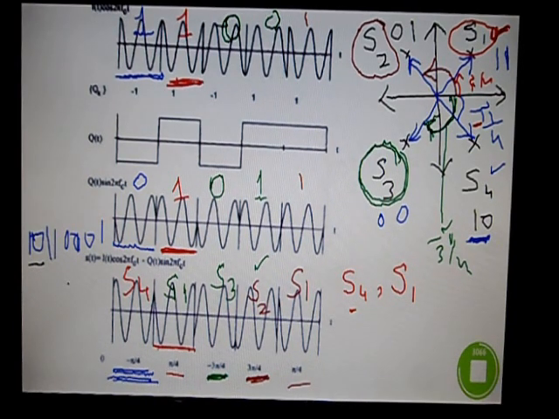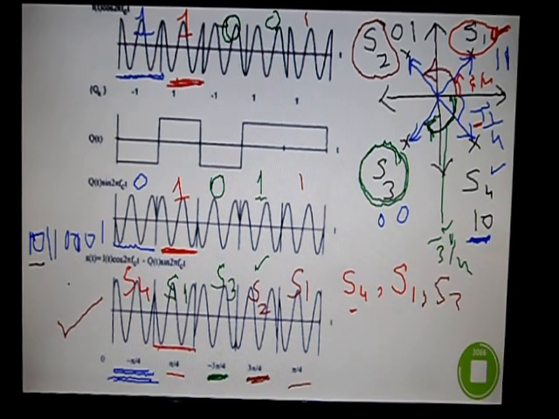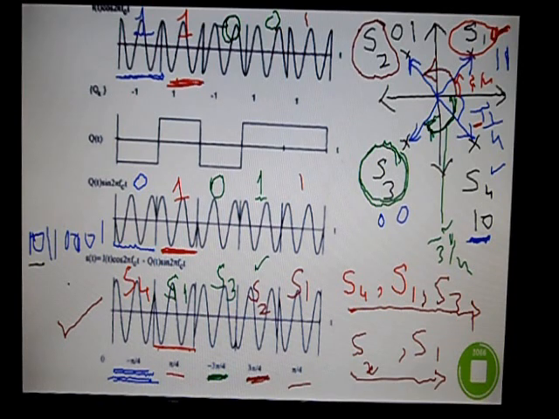So this is how this QPSK signal modulator would generate the signals. This is a QPSK modulated signal which is generated, and you are actually transmitting S4, S1, then S3, then S2, and then S1. This is the sequence of symbols which are transmitted from source to destination.